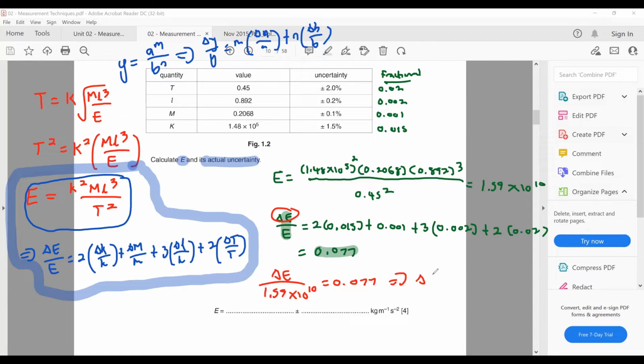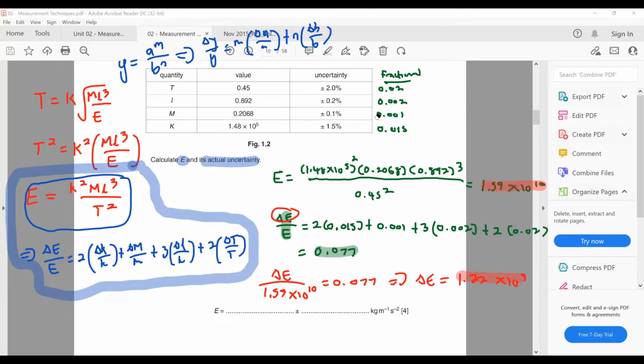So your delta E will in turn be 1.59 times 10 power 10 times 0.077. You get 1.22 times 10 power 9. Okay, so you have gotten up to this part.